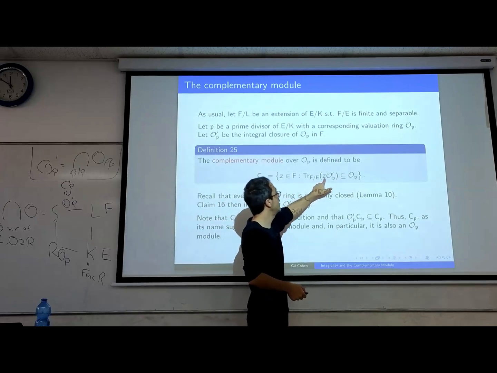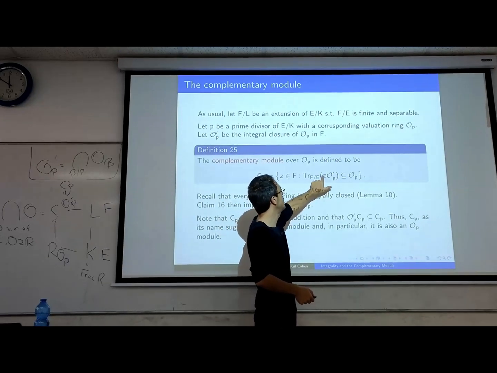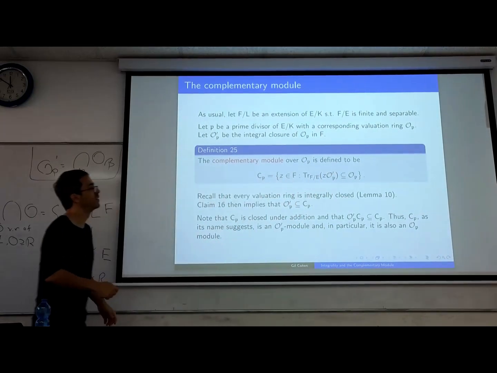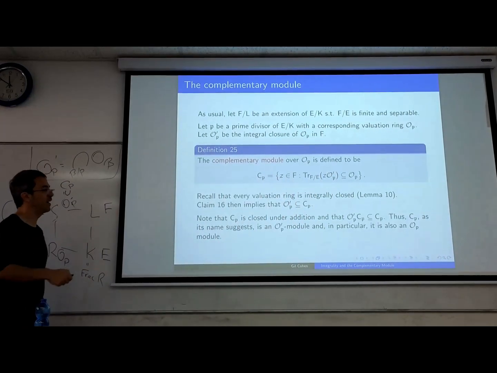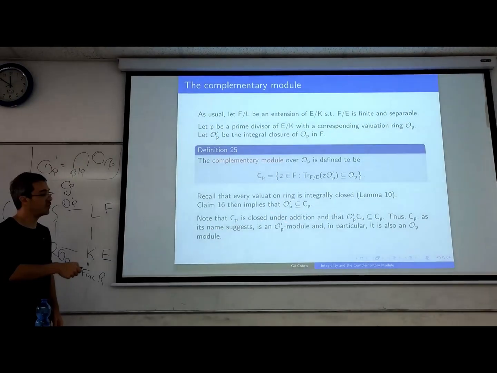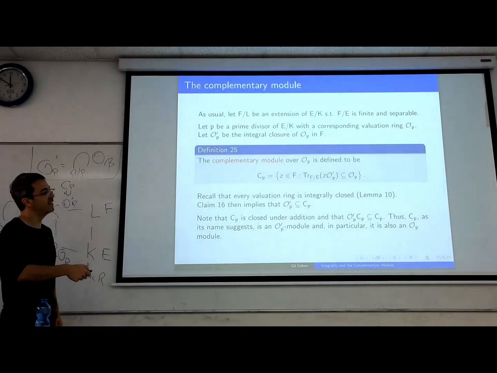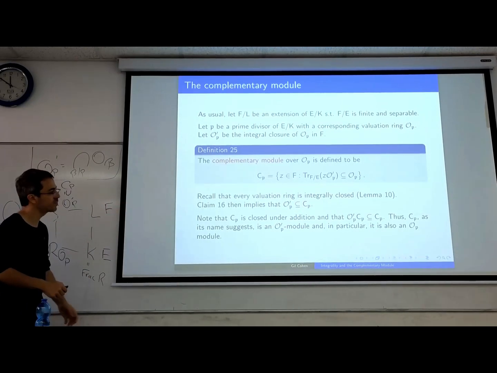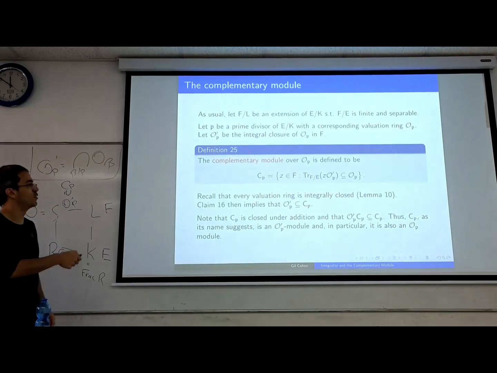Because if this is satisfied, then Z times an element in this set is just swallowed into that set anyhow. Really, these two together tell you that CP is an O prime P module, because it's closed under addition and it has the swallowing property. So that's why you call it a module.